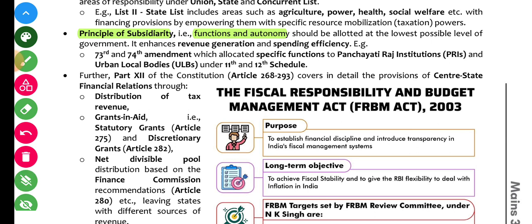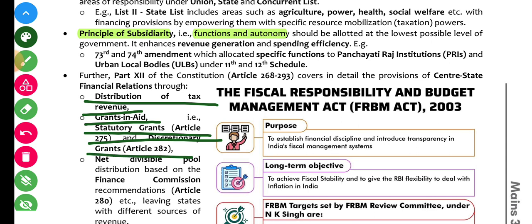Okay. And part 3rd of the Constitution, Article 268 to 293, not remember this, but remember this: center state financial relations through distribution of tax revenue, grants in aid, statutory grants, Article 275, and discretionary grants.